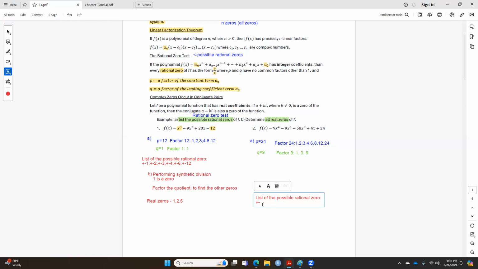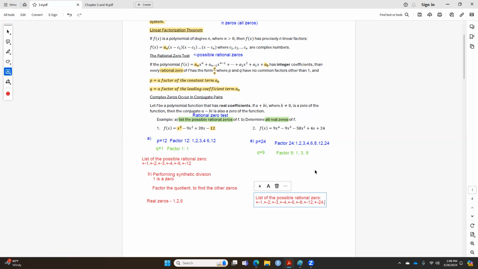So 1 over 1 is 1, then 2 divided by 1 is 2, plus minus 3, plus minus 4, plus minus 6, plus minus 8, plus minus 12, plus minus 24. So these are the possible rational zeros from P divided by 1.